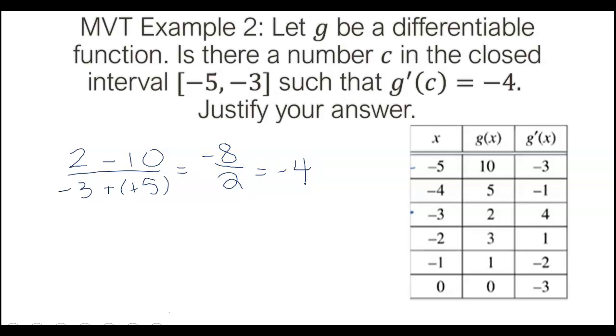So if you pick the slope of the secant at those endpoints, you get -4. So since the slope of the secant is equal to -4, then the slope of the tangent at some point has to also be -4. So yes.